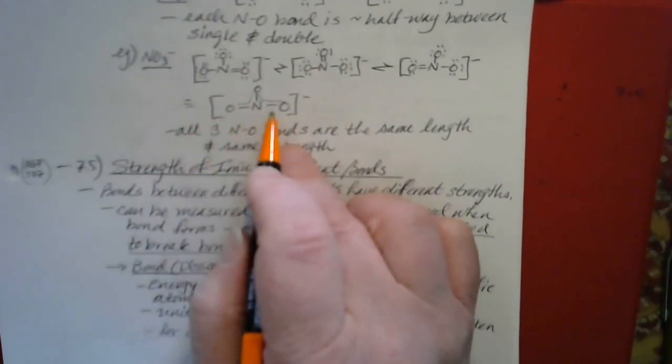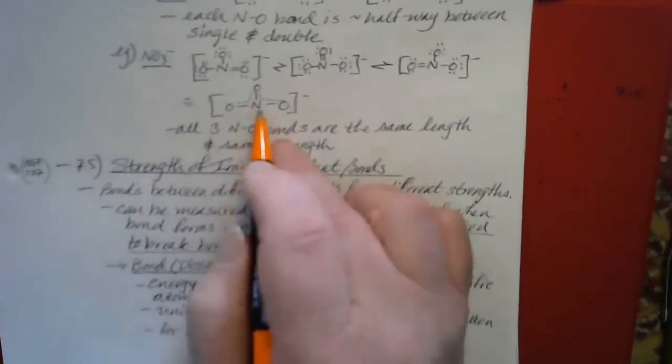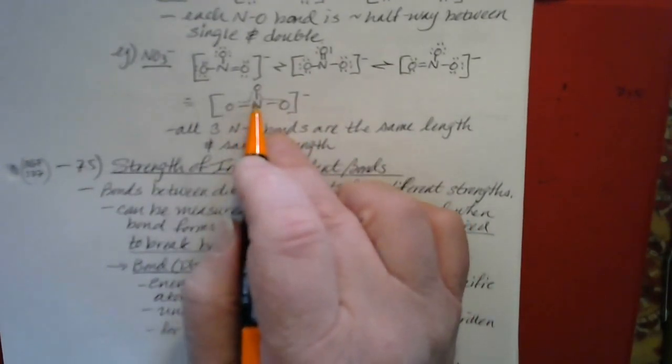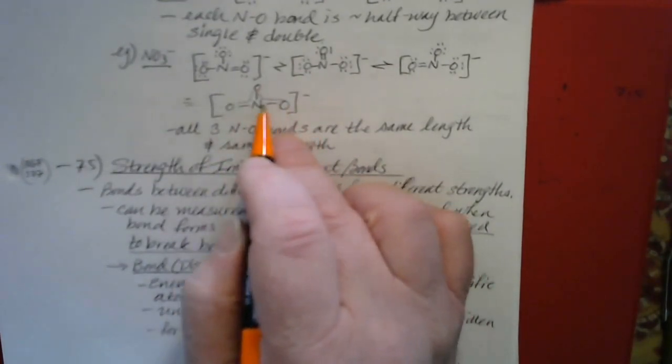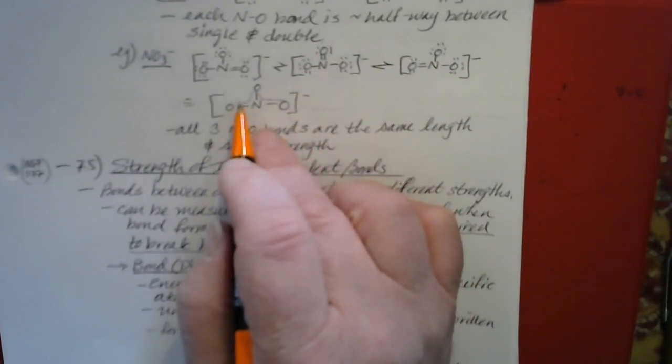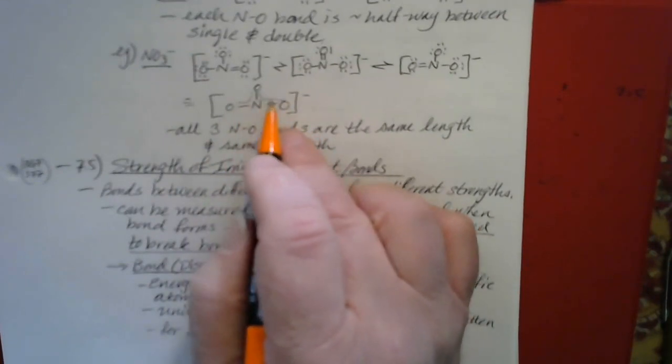So in this case, the nitrate ion has 3 resonance forms, and the resonance hybrid, the way that the nitrate ion would really exist, would be something like this: nitrogen with a single bond to each of the oxygens, but then a dotted line from oxygen to oxygen, representing the partial double bond.